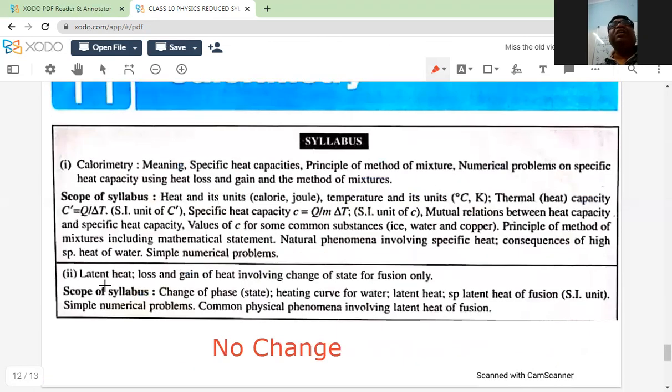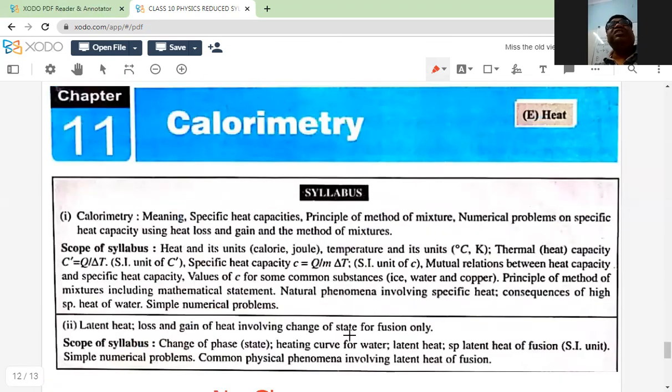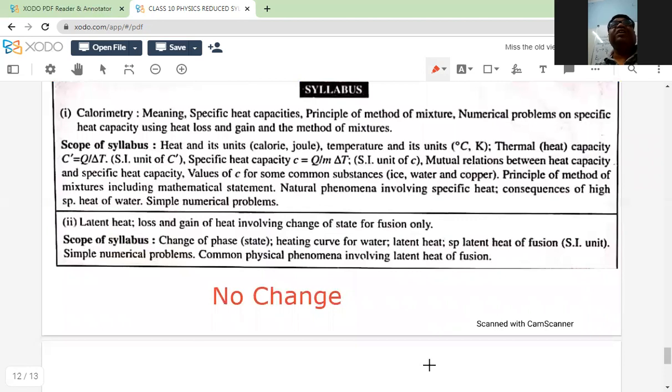Chapter 11, here also this is completely included. Nothing has been removed from this chapter. Though last year numericals on latent heat were removed, this year there is no removal of numericals of latent heat.